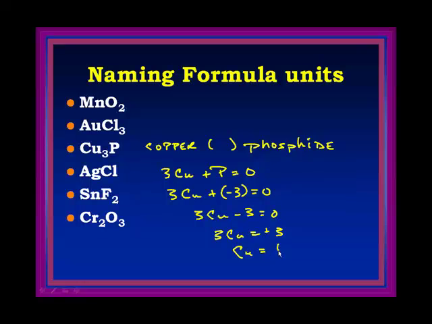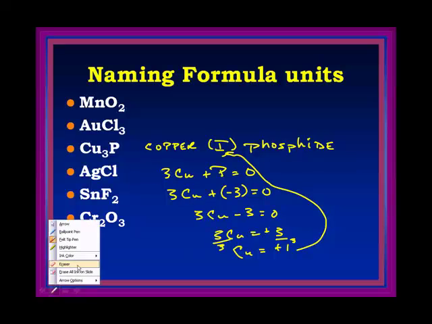So Cu has to equal a plus 1. So we can divide each side by 3. So now I know my charge up there, plus 1. Okay, this takes a lot of practice. Okay, it's not the easiest thing to get the hang of. So this is called copper 1 phosphide.